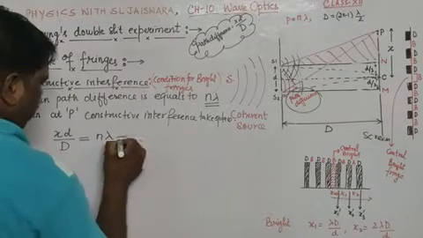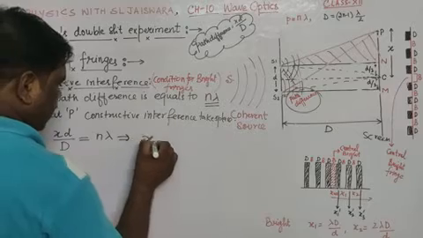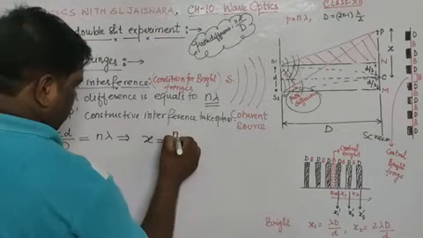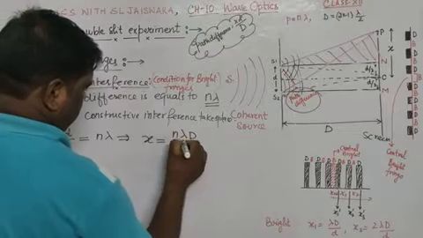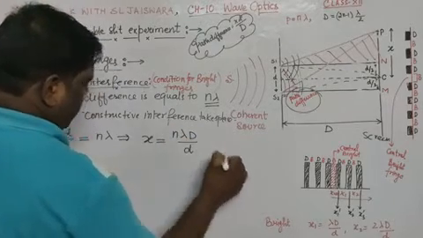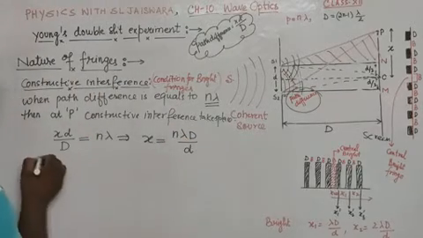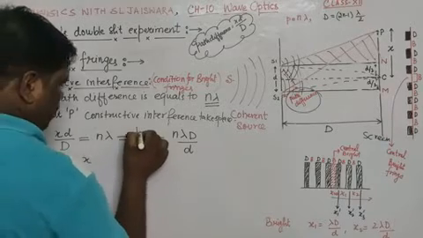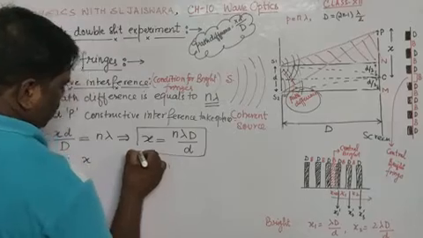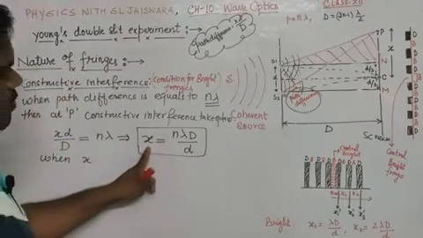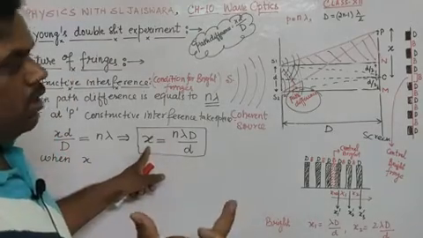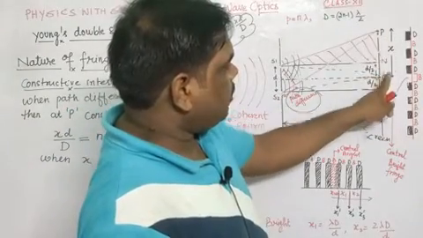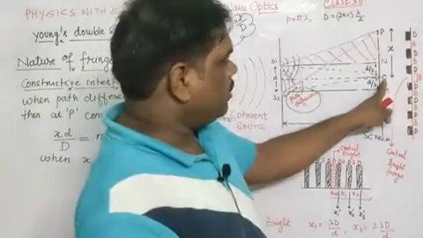Let us calculate what is x from here. x will be equal to n lambda capital D upon small d. This is a very versatile expression that you are supposed to remember, and this will give the position. What is x? x is the position of this P from the central point on the screen.